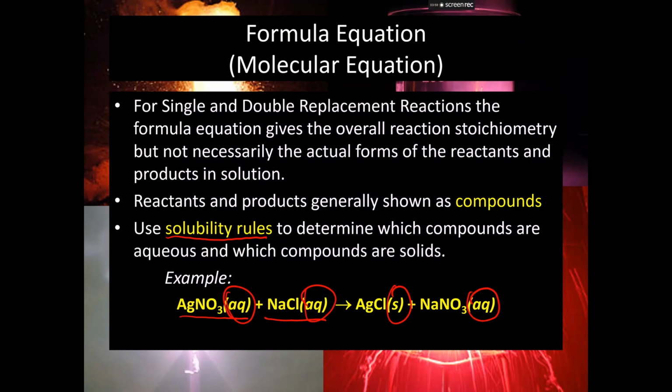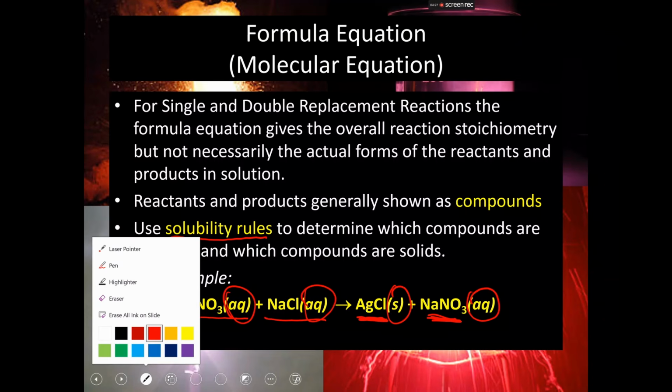We predict the products, we change into formulas, we put the states of matter on them, and we balance them. Once we do all of that, now we can start creating what we call our net ionic equations. We can start creating an equation that actually shows these compounds not as a solid compound, but as separate ions when they are separate ions. So let's look at that.